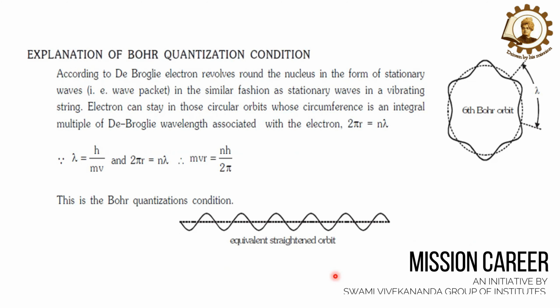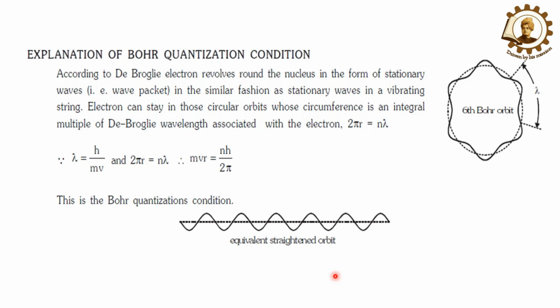Now the question is, how was de Broglie's relation explained? According to de Broglie, the electron revolves around the nucleus in the form of stationary waves, in a similar fashion to stationary waves in a vibrating string. If you take this circular orbit and straighten it, it behaves as stationary waves of a vibrating string.